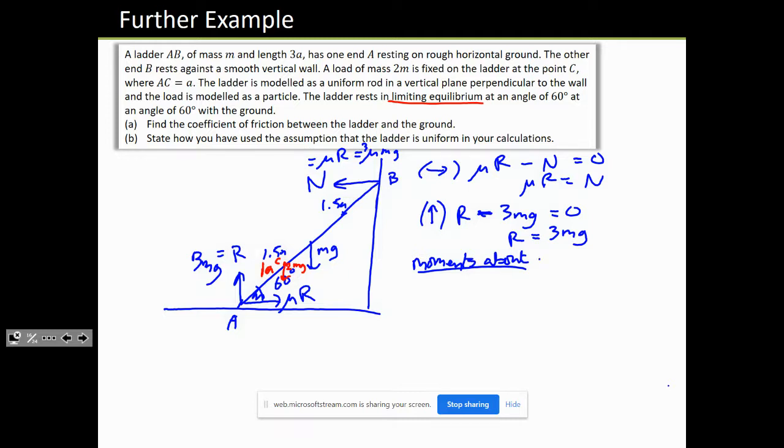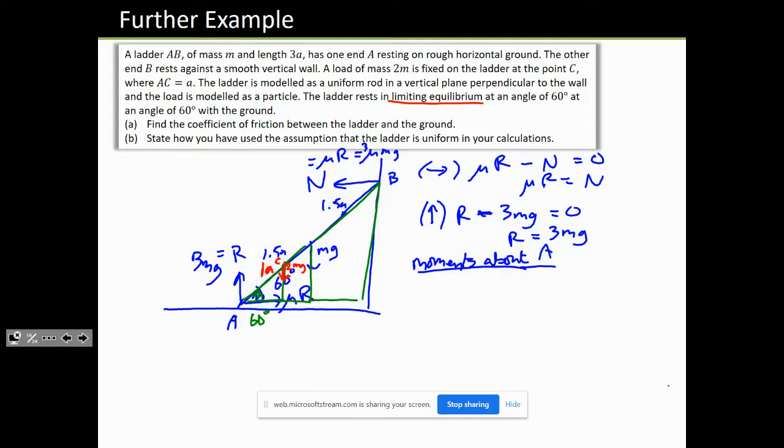So moments about A. When I do that, you can see I've got this triangle here, which is going to be useful. And this triangle here is going to be useful. So those 3 triangles, all with this angle here being 60 degrees, which we already had earlier on. So when I think about my moment about A, I think about this force here, the 2mg.